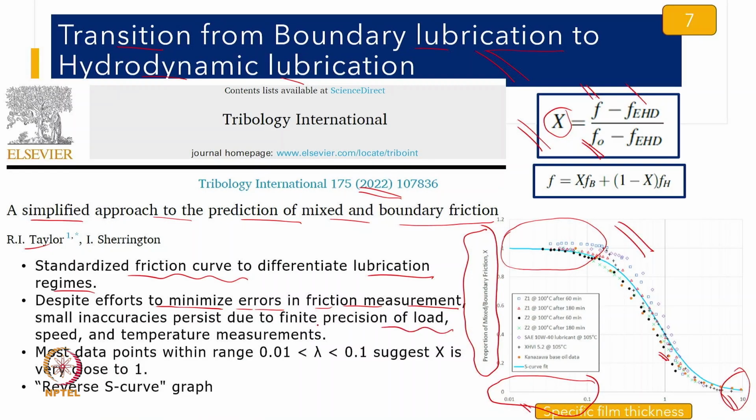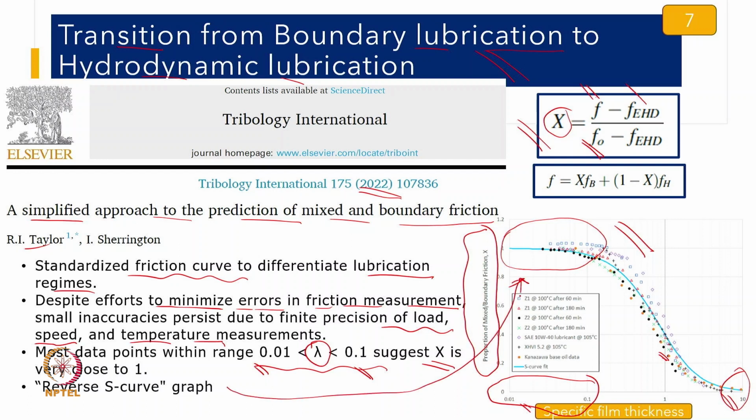We will be discussing uncertainty analysis. However, in this situation, it's very clear that they want to take input from load, speed, and temperature measurement. They also mentioned that the lambda, the specific film thickness, is in a range of 0.01 to 0.1. That's what we have discussed over here. This is sometimes known as a reverse S curve.